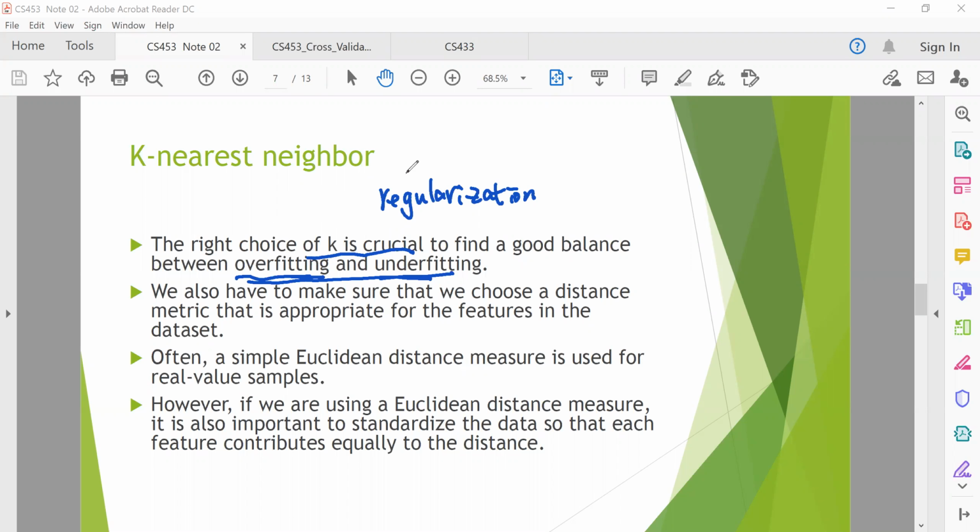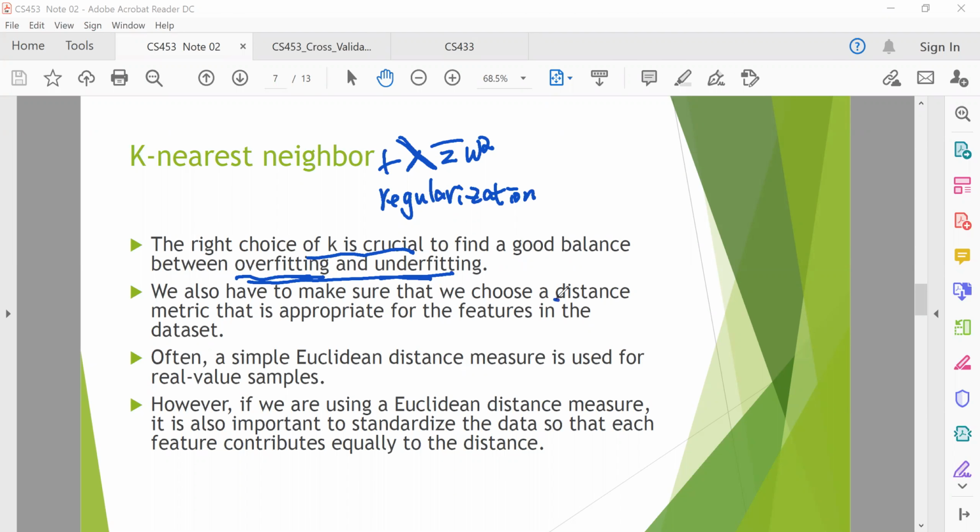It doesn't, because regularization deals with the cost function, with that lambda, and you add the regularization term. Over here, we don't have discriminative functions, so this won't work. So how do we deal with overfitting and underfitting later on? We will see.